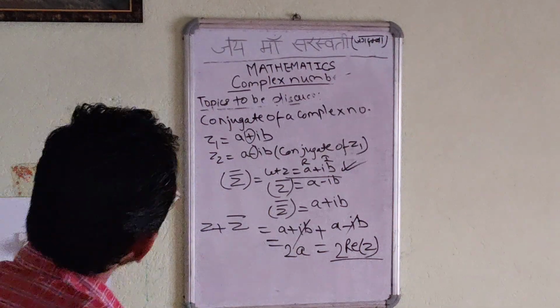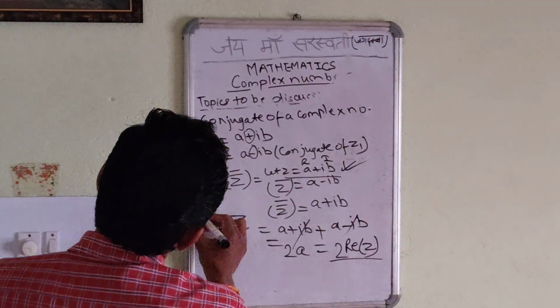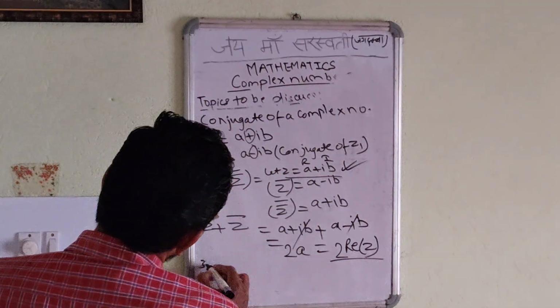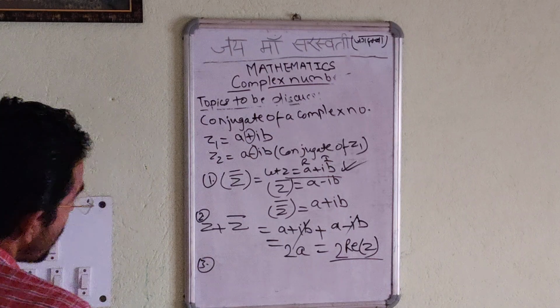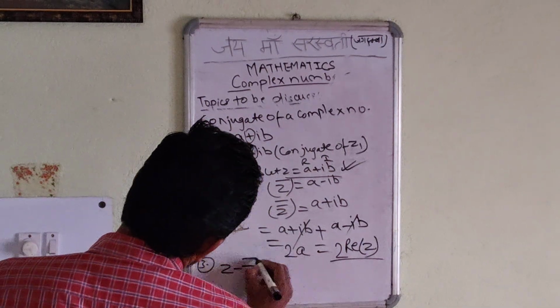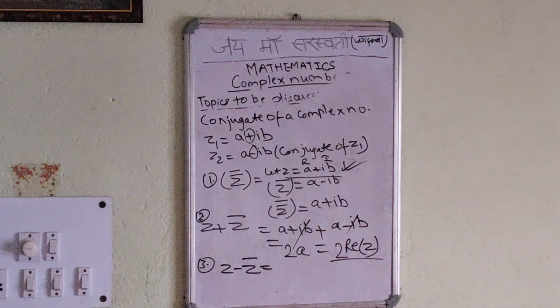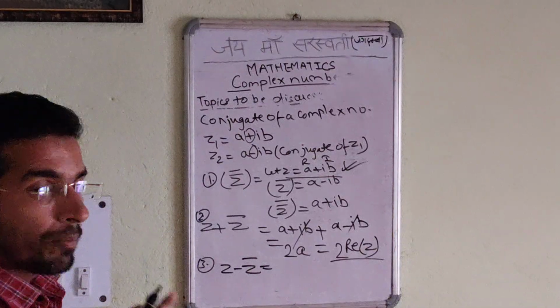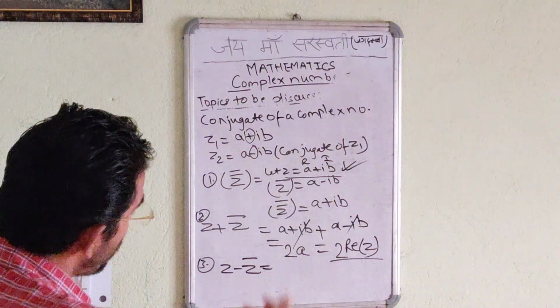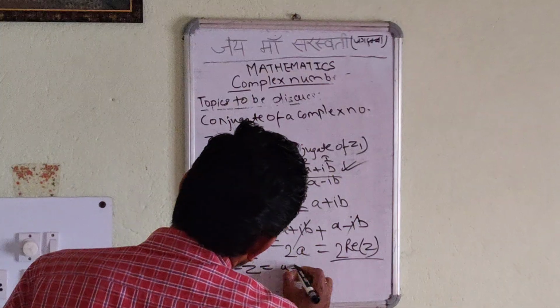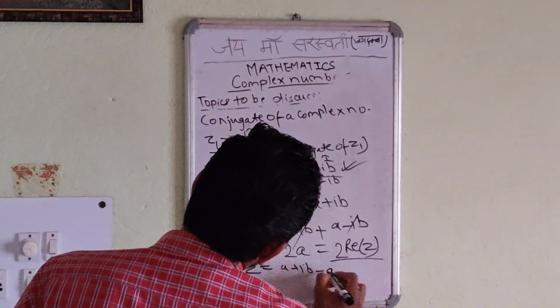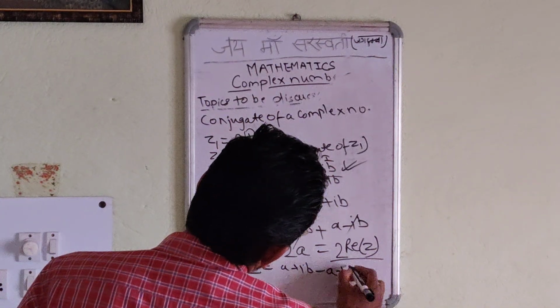Now we are moving on. That is the first property, that is the second property. The third property is z minus z bar. In the case of z minus z conjugate, we will say here a plus ib minus, a minus ib.